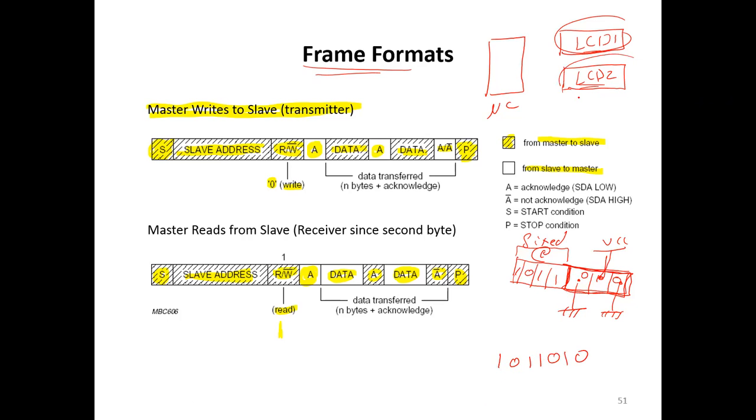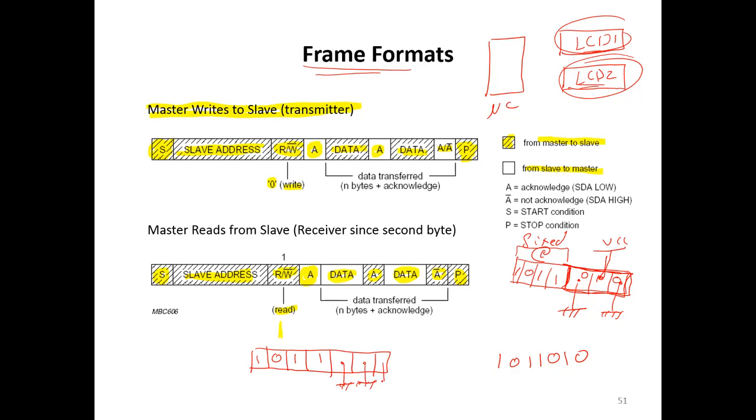For the second LCD, we can select another address. The first part will be the same, 1011, and then we have 3 bits. With these 3 bits, we can select any other address.